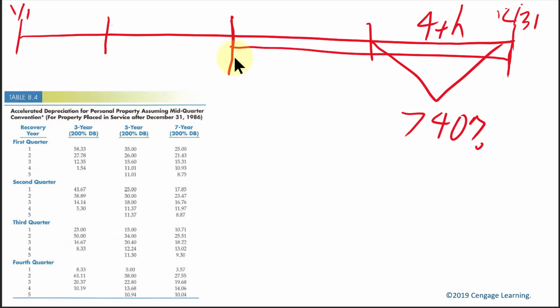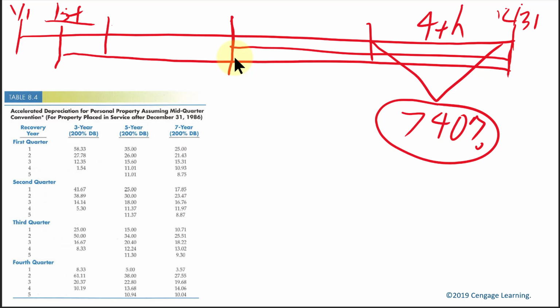In other words, for this first quarter, anything bought from January through the end of March is assumed to have been bought right in the middle of that quarter. I think that's February 15th. And you're going to depreciate it to the end of the year for the first year.